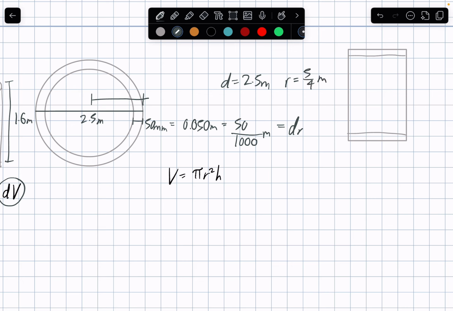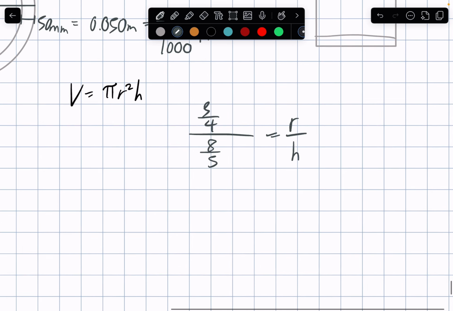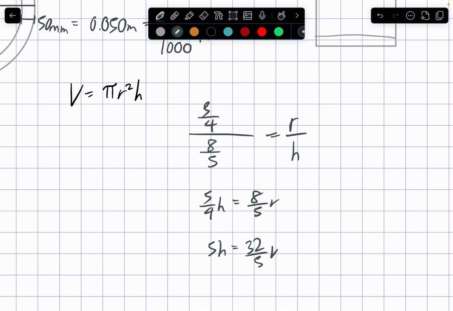So 5 over 4 radius over the height, which is 1.6, 16 over 10, 8 over 5. So we have radius over height. 5 over 4h equal to 8 over 5r. 5h is equal to 32 over 5r.